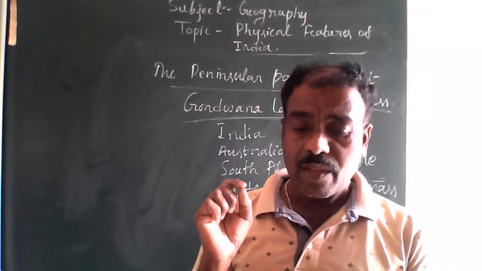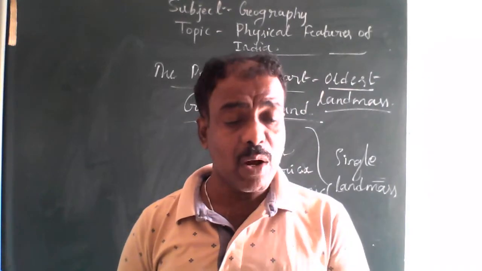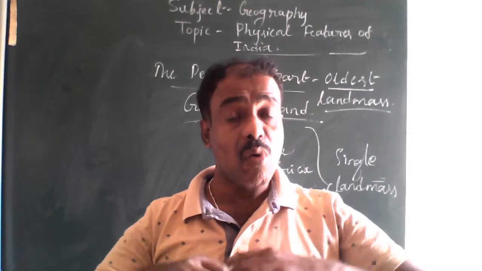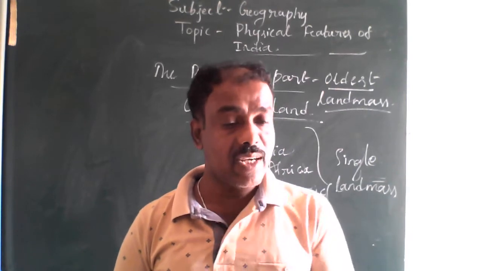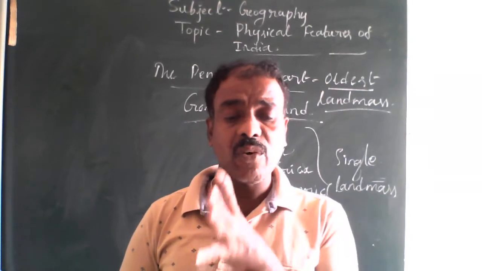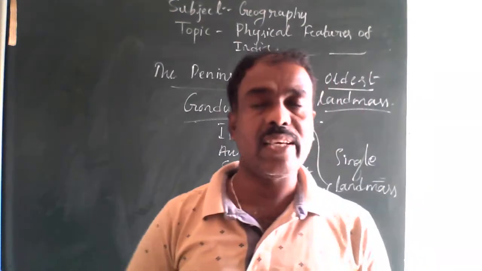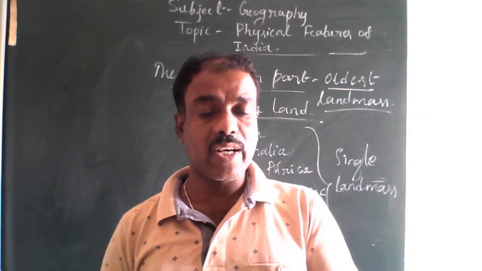See, from the viewpoint of geology, the Himalayan mountains form an unstable zone. The whole Himalayan mountain system represents a very youthful topography with high peaks, deep valleys, and fast flowing rivers. Are you getting this, students?